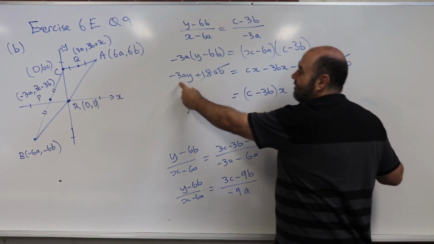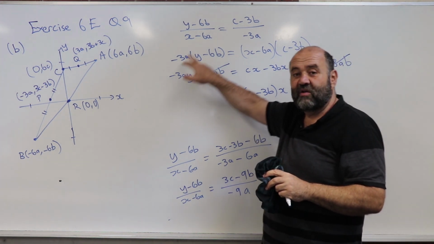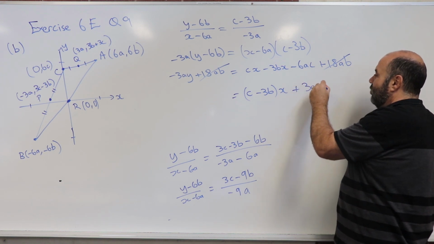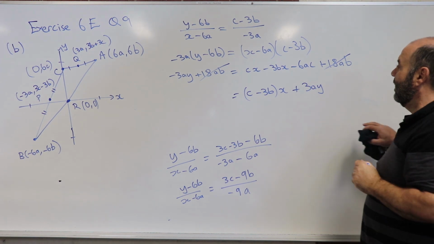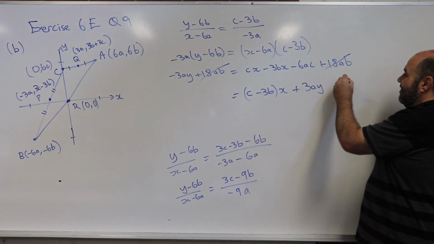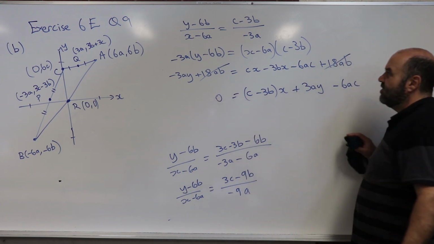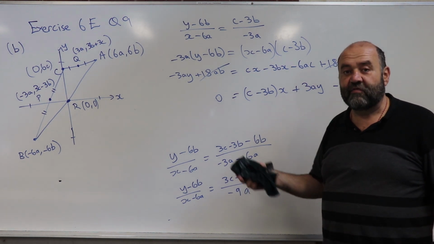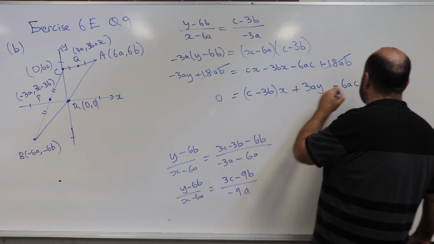I'm going to take this negative 3ay from the left-hand side, I'm going to add it to the right-hand side, so plus 3ay. And then I've got a negative 6ac, that equals 0. So that's the equation of AP in a general form, if you like, okay? So there's AP.